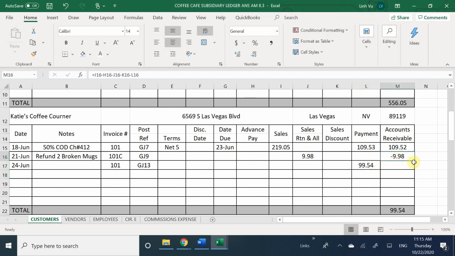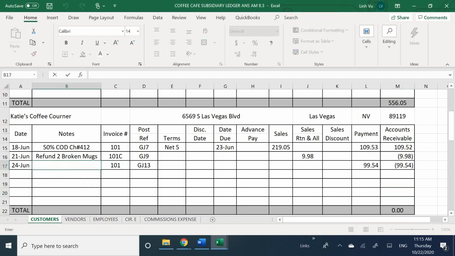And if we did the formula correctly, that means she owes us $0. There you go, $99. Okay, what check number did she send us?